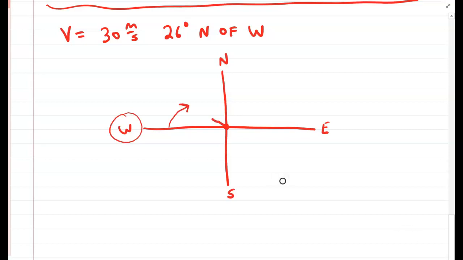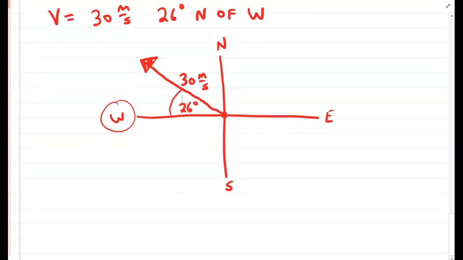So that means I'm going to draw a vector like this. And this angle in here would be 26 degrees, and the magnitude would be 30 meters per second. So the length of this arrow represents 30 meters per second, and there's my angle, 26 degrees. This is a properly drawn vector. It has an arrowhead and the angle is referenced.